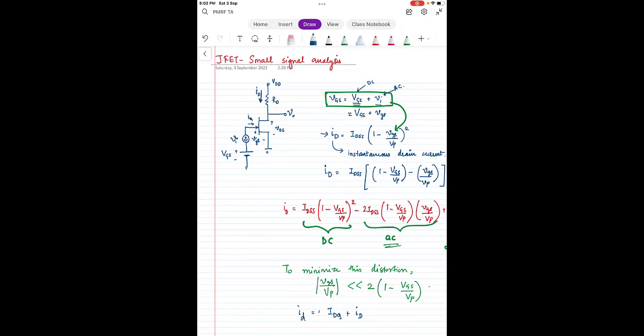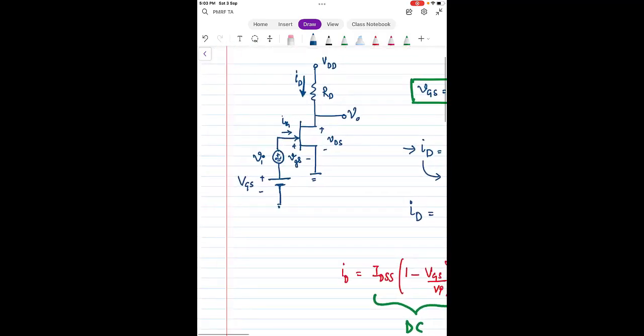So we will check the JFET small signal analysis. You can see the figure here. So we have put a DC biasing, right? We have put a DC biasing for biasing the JFET, and then we are putting the AC signal, small vi. So whatever is in small letters is the instantaneous signal, and capital is the DC signal.